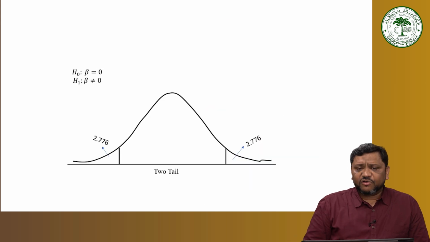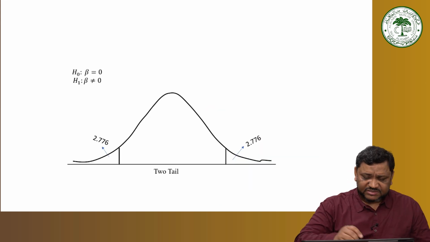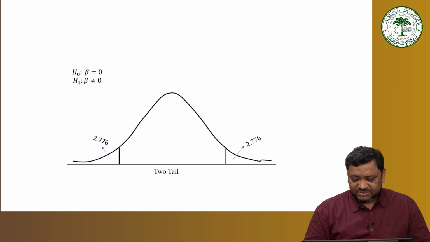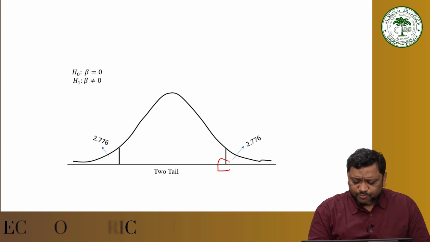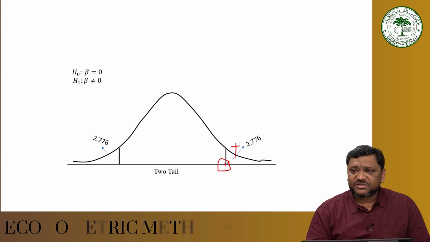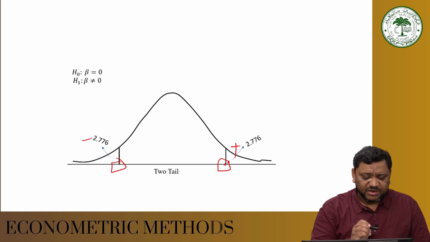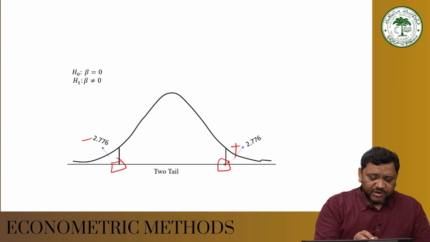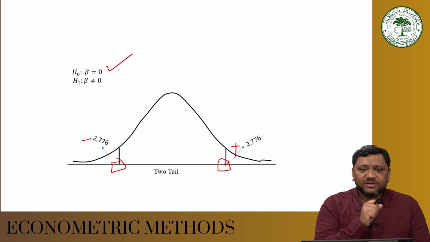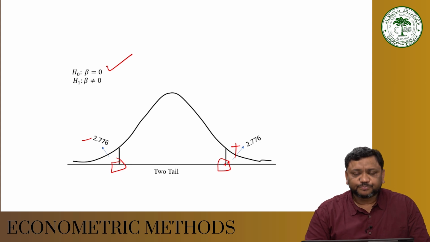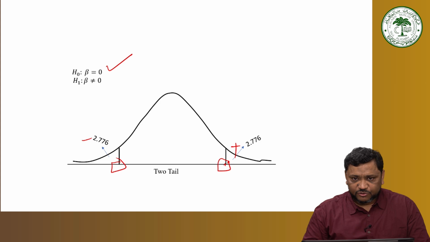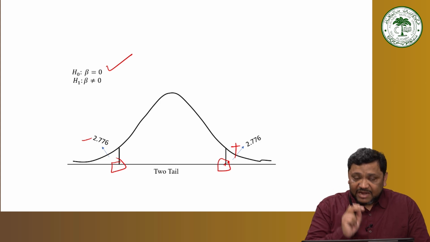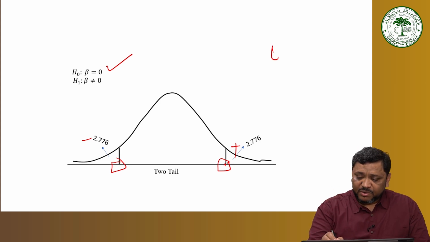Now when we get a value of minus 3.65, again we go to our statistical hypothesis testing process. The value of this portion is plus 2.776, and the value over here is minus 2.776, and our null hypothesis is that the population beta is equal to 0 against the alternate hypothesis that the population beta is not equal to 0. Now what is our calculated value? Our calculated value, if you remember, T asterisk is equal to minus 3.65.